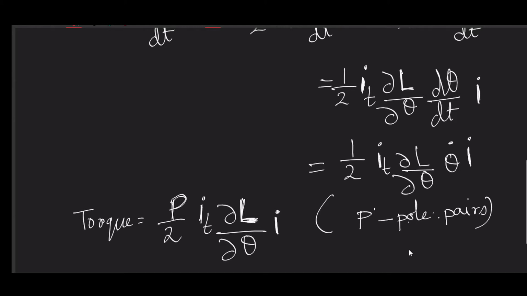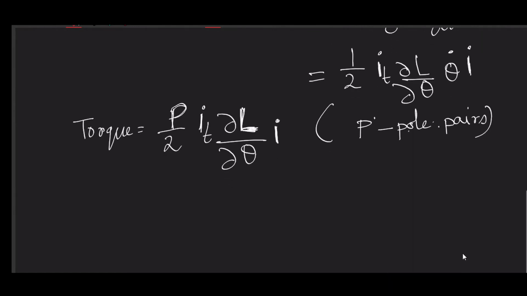Okay. Well, now we'll see the transformation of dL/dtheta. For different cases, we have different values of dL/dtheta, particularly for our salient pole machine.